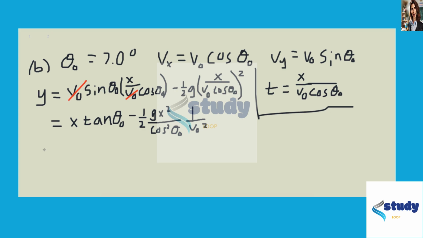So we'll put the v naught squared on this side of the equation, and then we have 1/2 g x squared over cosine theta naught squared is equal to, there's going to be a minus y over here, and then plus x tangent theta.